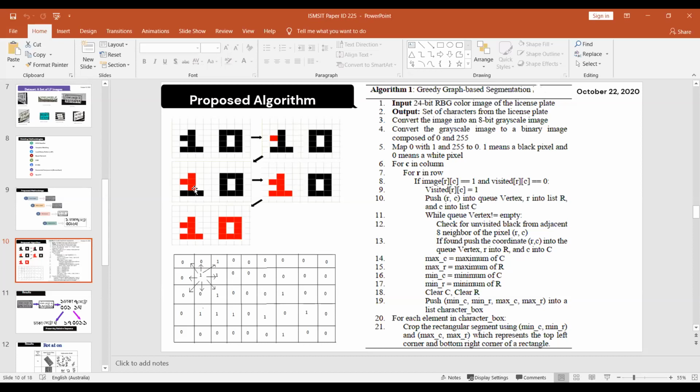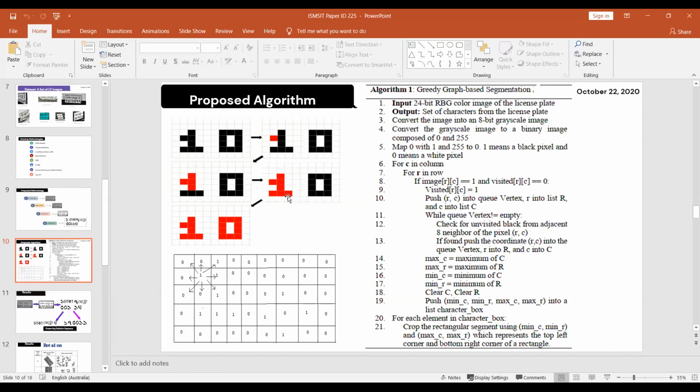Second one, no neighbor. For the third one, we'll find these 3 black neighbors. Then we'll do the same thing for these 3 black neighbors, and there are no neighbors that are not visited yet. Along this process, we'll also keep the row and column of each pixel we visited and marked as visited.